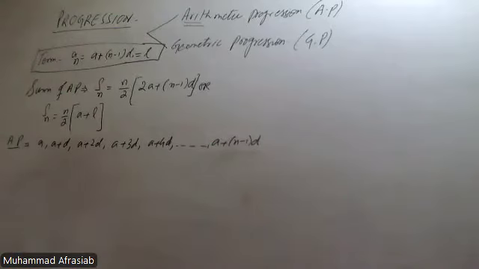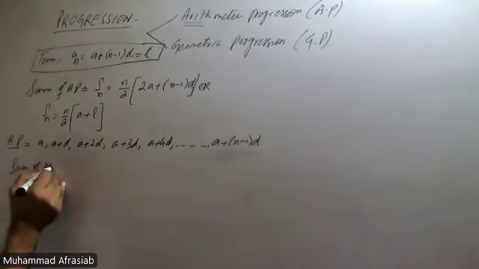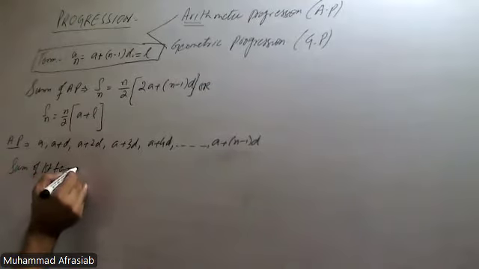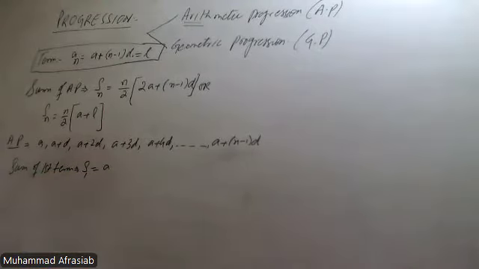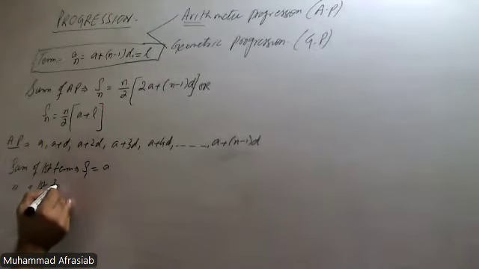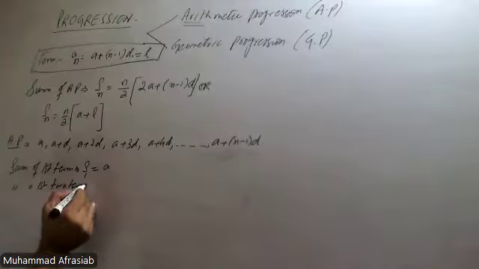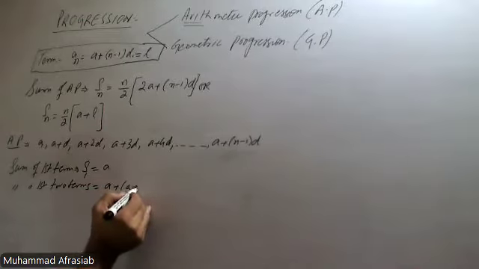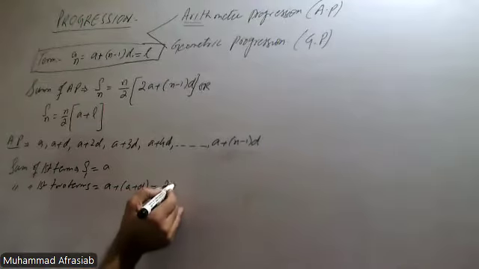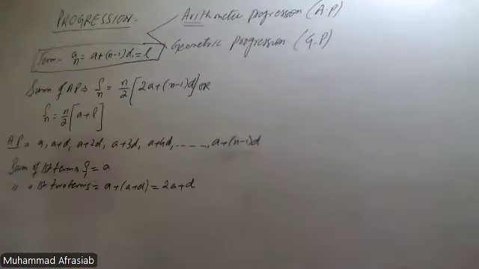Now we are finding the sum. The sum of the first term, denoted by S1, is only equal to a. The sum of the first two terms will be equal to a plus a plus d, and that is equal to 2a plus d.